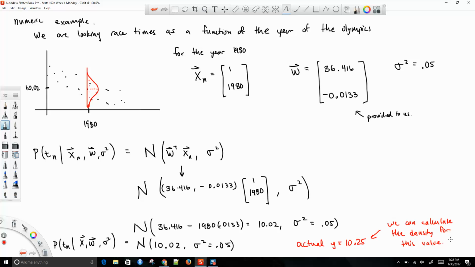One thing to note: when you take your intro stats class, they never teach you how to calculate the density.